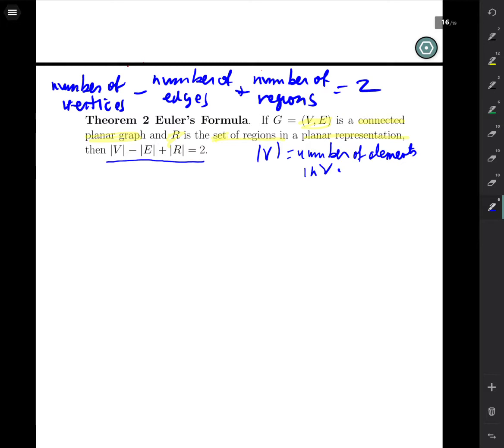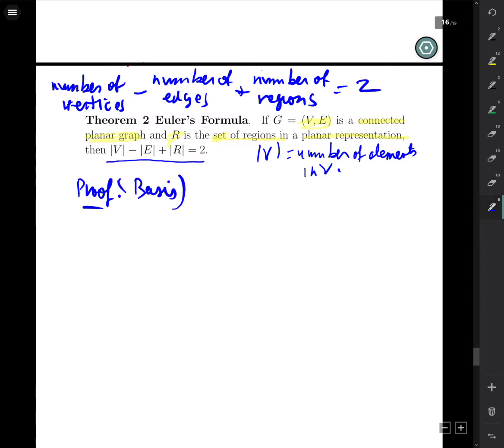We'll assume that the formula holds when we have n edges. Oh, let's first do a start here. So the basic proof is to look at the basis case. In the basis case, with a single vertex, if G has no edges, so 0 edges, this is the case n equals 0, then V would be one vertex, a single vertex case.